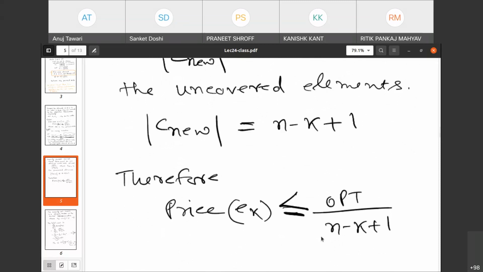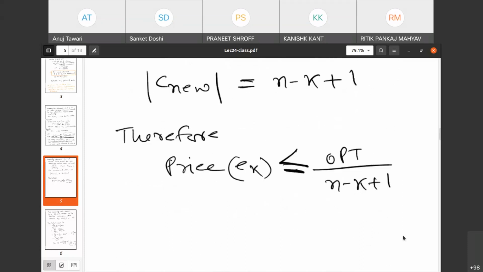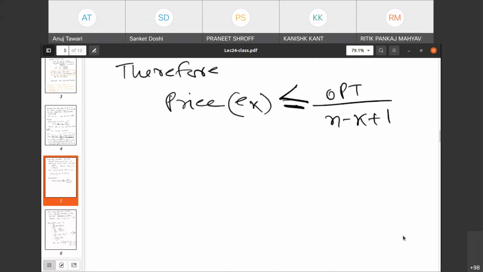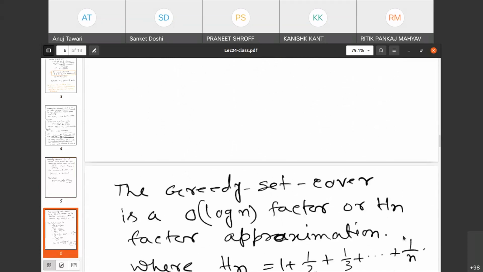And now finally we want to sum this up for all k from 1 to n. So we want to sum up opt by n minus k plus 1 for all k from 1 to n, and that is what we want to bound. From that, we will conclude that it is a log n factor approximation.